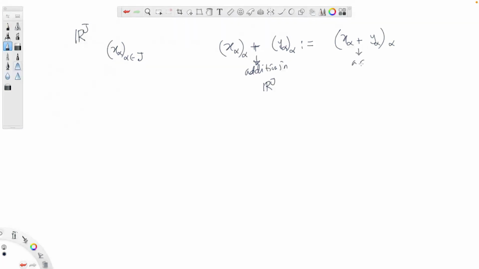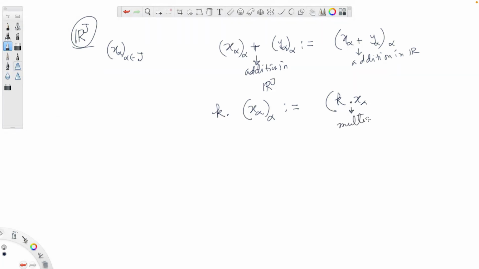This is addition in R. And how do you multiply a scalar k with an element here? It's also done in the most obvious way: k times x alpha, where this is multiplication in the set of real numbers.